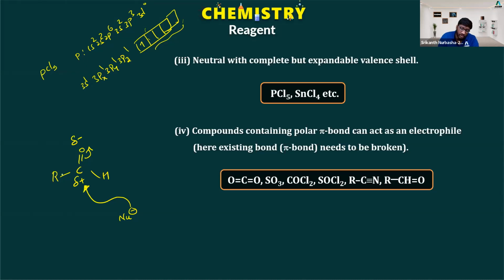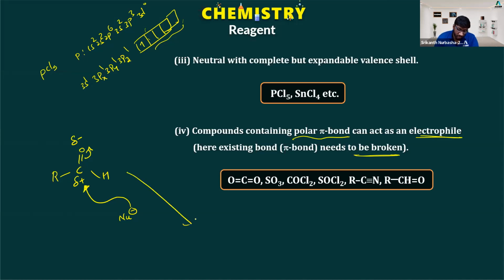Not only RCHO, wherever you have a polar pi bond, such compounds can act as electrophiles. Here the existing pi bond needs to be broken. The pi electron density is donated to oxygen as soon as the nucleophile attacks. Earlier we had a partial positive carbon and partial negative oxygen. But as soon as the nucleophile attacks, the pi electron density of the C=O is given to the oxygen atom.